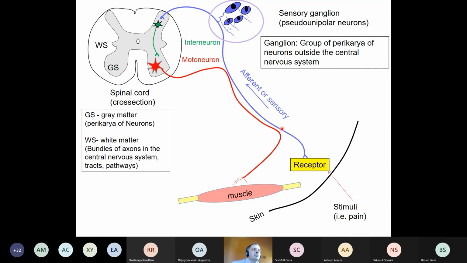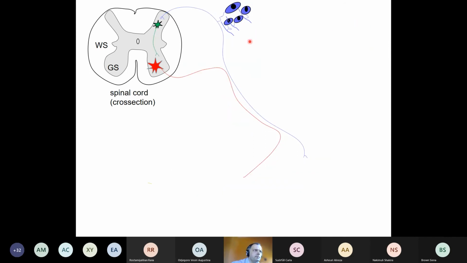So this is a certain kind of reflex: the environmental signal activates the receptor, the information goes through this cycle and will perform a movement at the end, and you react to the environmental challenge. So now you see what a sensory ganglion is and how this is interrelated with the somatic part of the central nervous system.